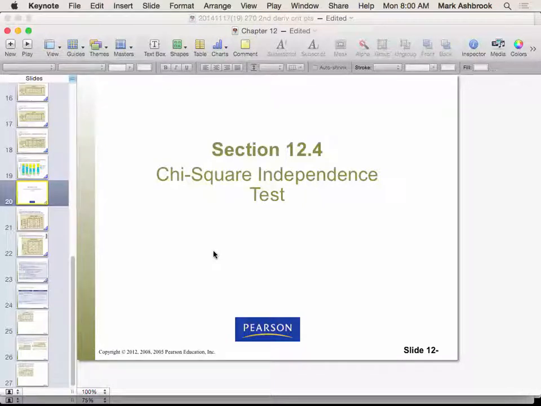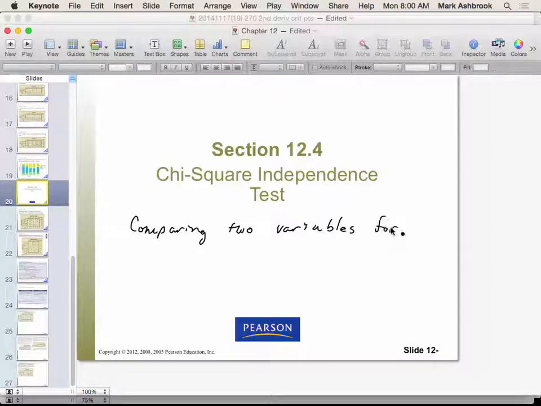When we say independence, we're comparing two different variables for association. So association means dependence.